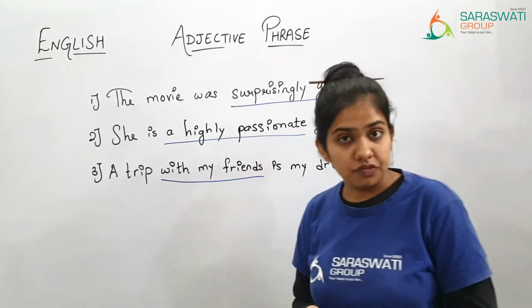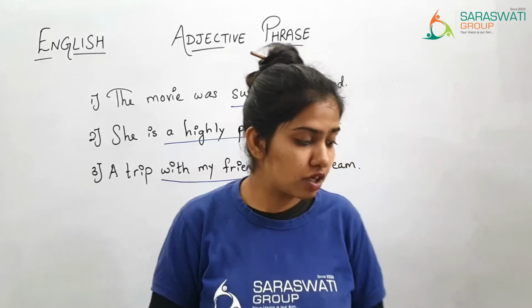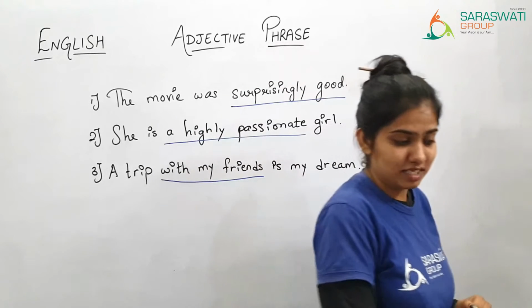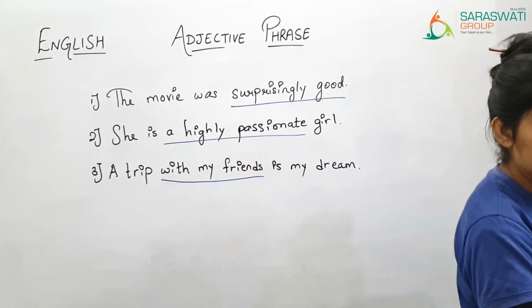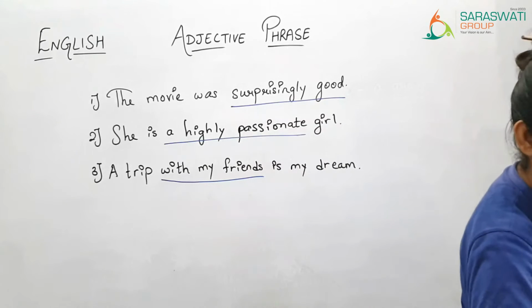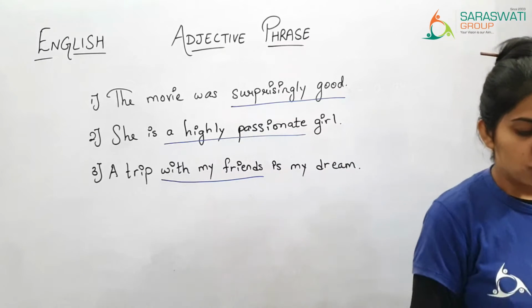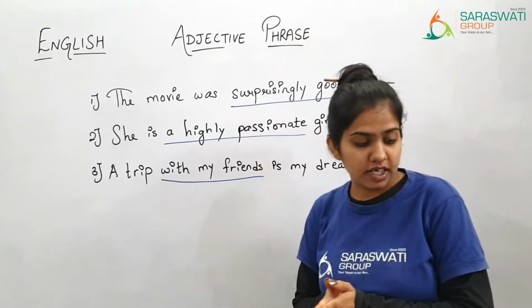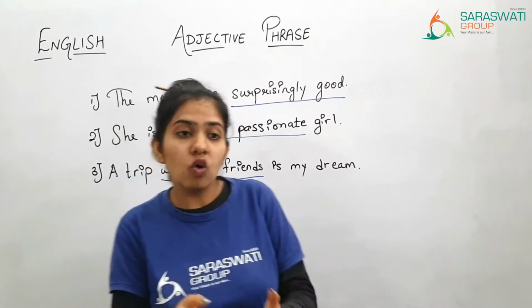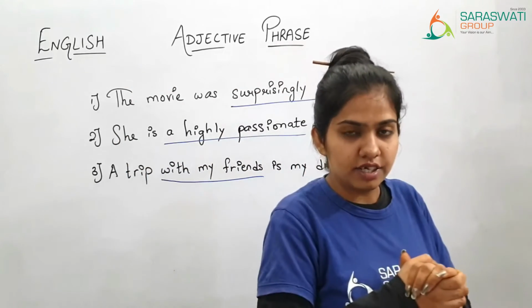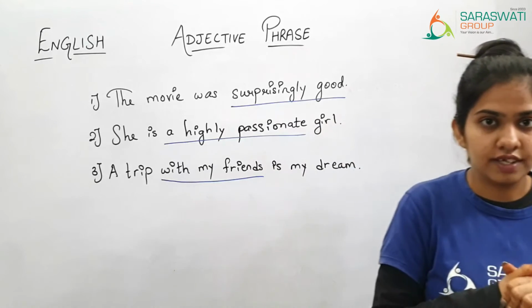Like an adjective phrase can also appear in the following places. जैसे कि कहाँ पे वो appear होंगे? Your overly excited friend is dancing. Who is dancing? Your overly excited friend. Right?